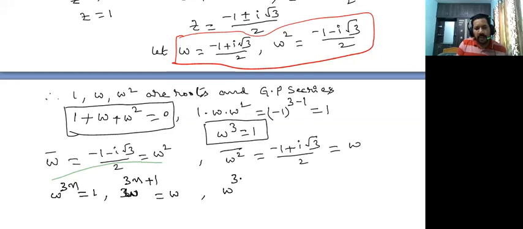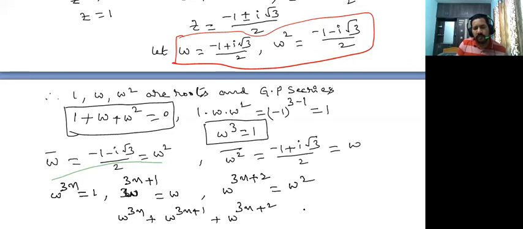Omega power 3n plus 2 is equal to omega square. Finally, omega power 3n plus omega power 3n plus 1 plus omega power 3n plus 2, that value should be 0. That is 1 plus omega plus omega square, which should be 0.